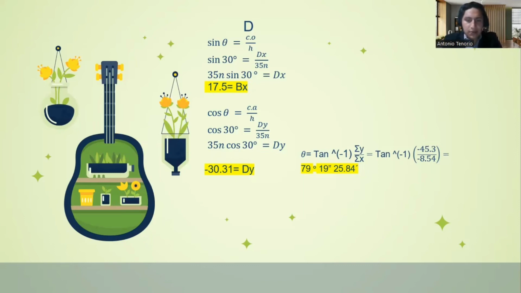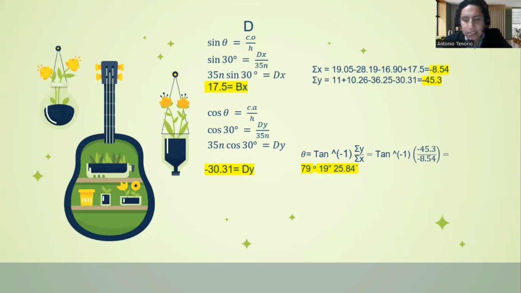But now the next step is to add everything on the X. This is the result of all the vectors, and the sum of everything on X equals negative 8.54, and the sum on J equals negative 45.3.